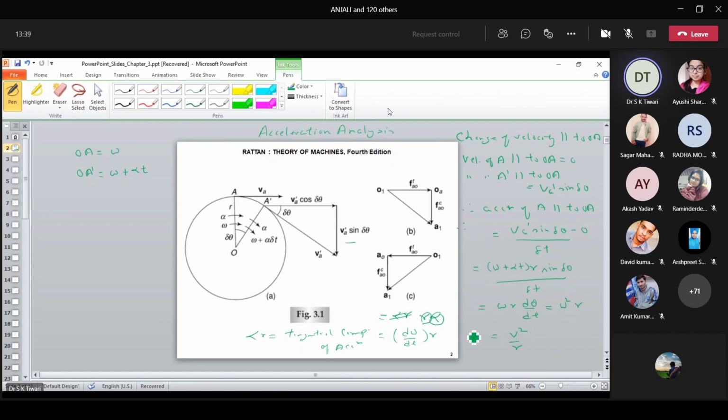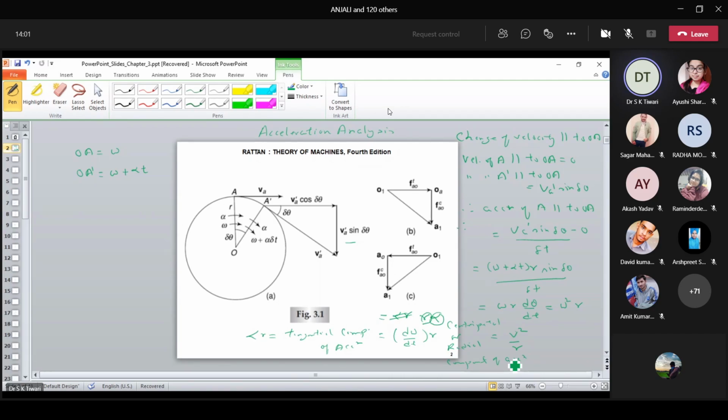This component is known as the centripetal or radial component of acceleration.